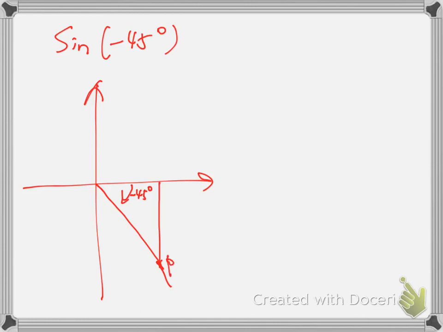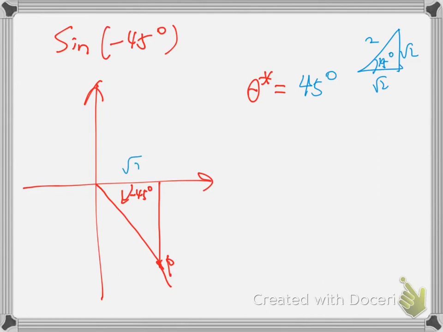Okay, right triangle. So now what's the reference angle? Reference angle is the acute angle in the right triangle, so it's always positive. It doesn't matter what the direction of the rotation is. So the reference angle is positive 45. So we have this triangle again for 45 degrees, right?